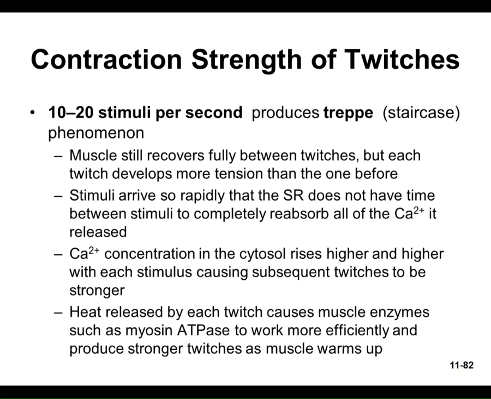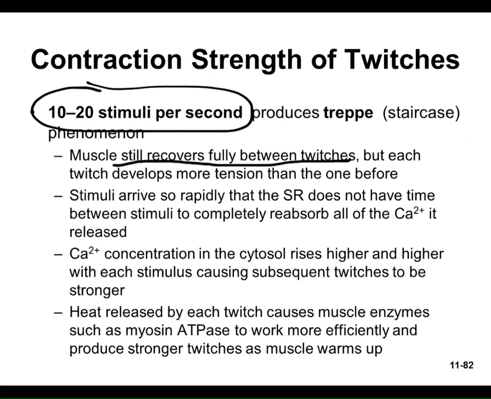But what if I start stimulating a muscle somewhere between 10 and 20 times per second? I will then begin to see a staircase effect, what's called a Treppe phenomenon. And what's happening is that the muscle is still recovering between the twitches, but each time it starts to get a little bit more tension, and the SR doesn't have time to completely reabsorb all the calcium.